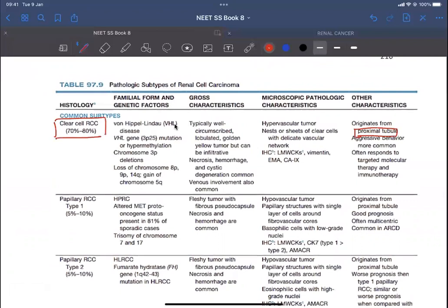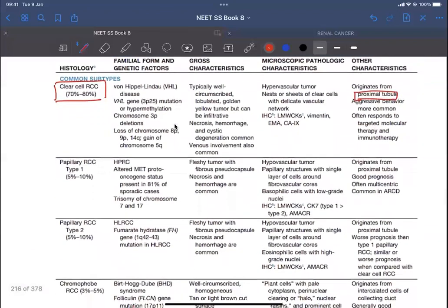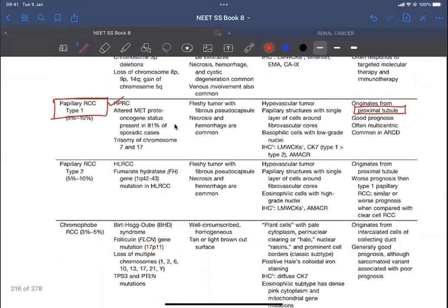So what we need to remember are the basic histological subtypes. We need to remember which arises from where, and what are the syndromes these cancers are associated with. So clear cell RCC, classically associated with von Hippel-Lindau. Papillary type 1 RCC, associated with hereditary papillary renal carcinomas, and it arises from the proximal tubule as well.